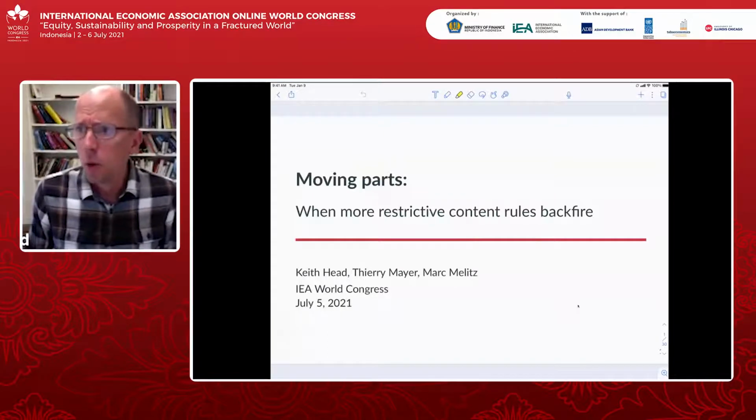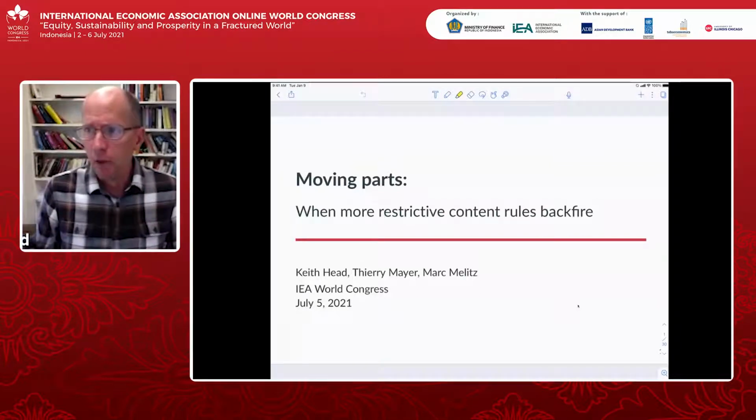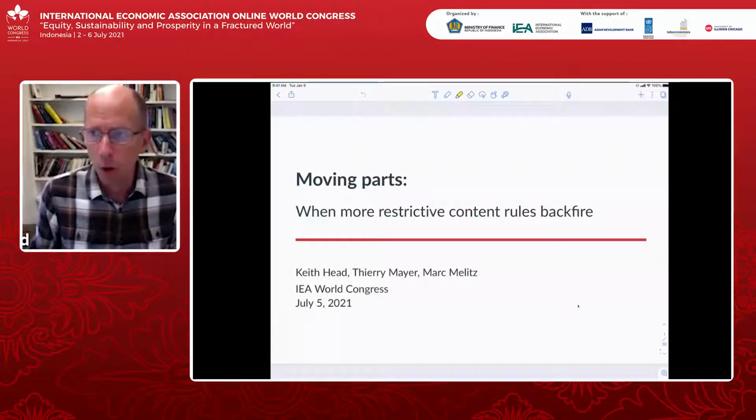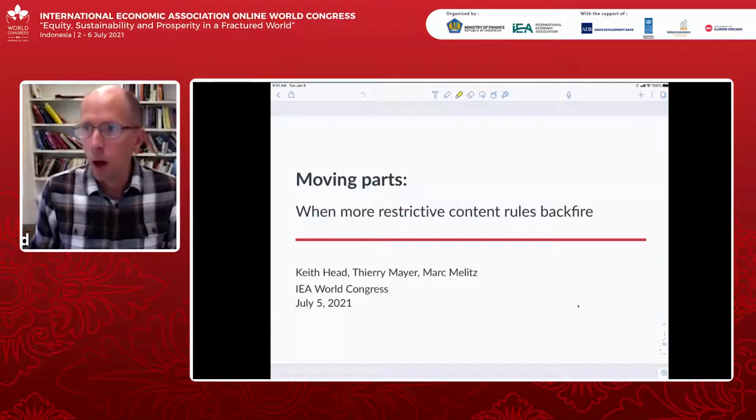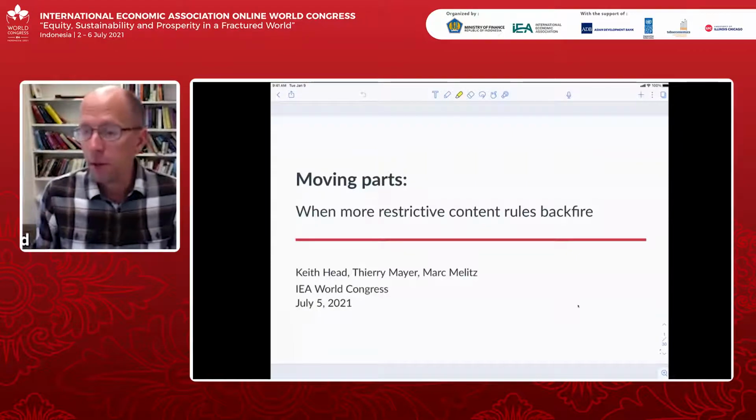Now, one way of thinking about this paper is that the free trade agreements that have been proliferating through the world in the last decades are both a boon and a bane for firms that are trying to build global value chains. On the one hand, the boon side is that you can get parts that you need from all over the place based on their comparative advantages, and bring them in tariff-free.